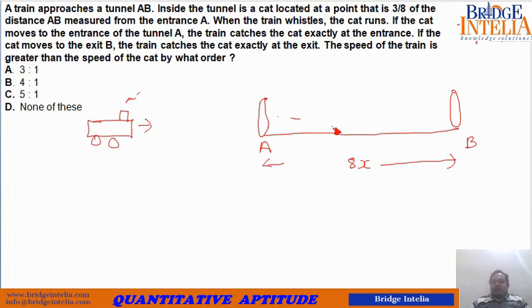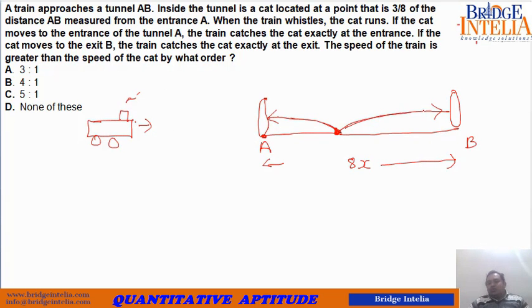So two options to come out, either this way or this way. If the cat chooses to use this door to come out, that means it is moving towards the same side from which the train is coming, then what happens? Both the train and the cat meet at the door of the tunnel.